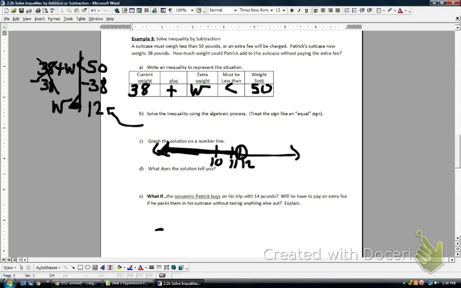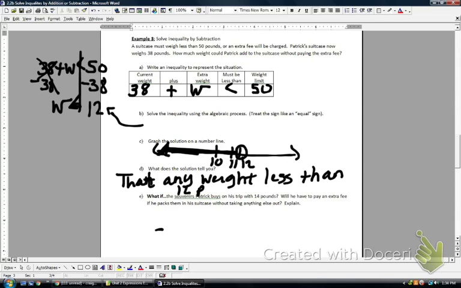So anything less than 12. Then it says, what does the solution tell you? That any weight less than 12 pounds, Patrick does not have to pay a fee.